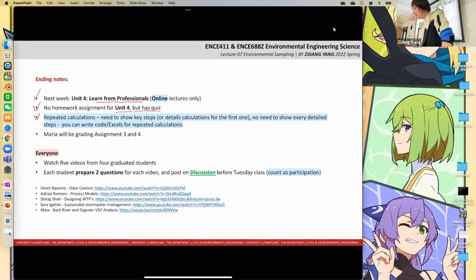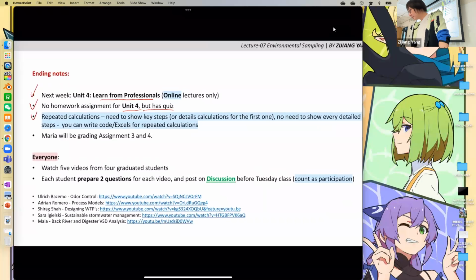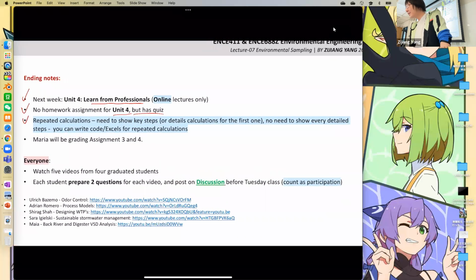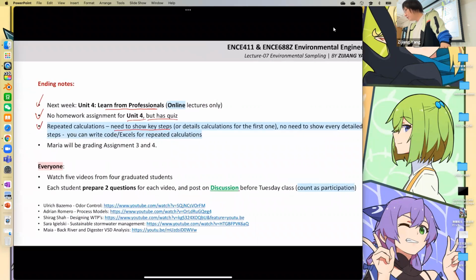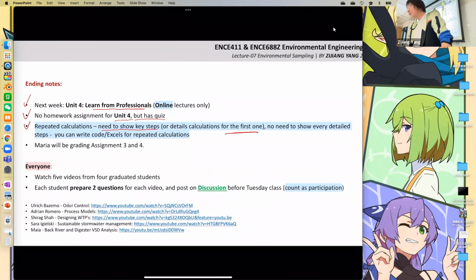Some students also mentioned that assignment 2 takes a lot of time, and one of the reasons is that we may have some repeated calculations for the error propagation. In future assignments, we may also have some repeated calculations. So you only need to show some key steps, or maybe only show detailed calculations for the first one.